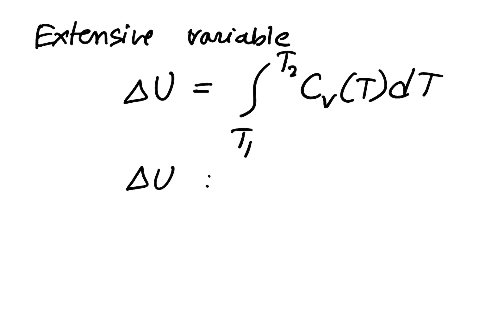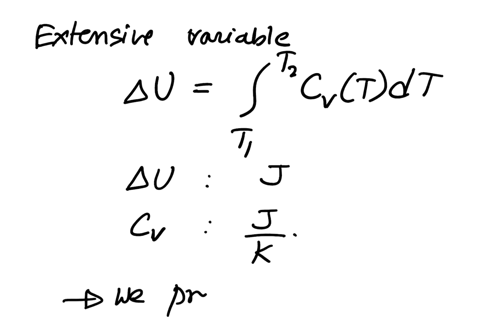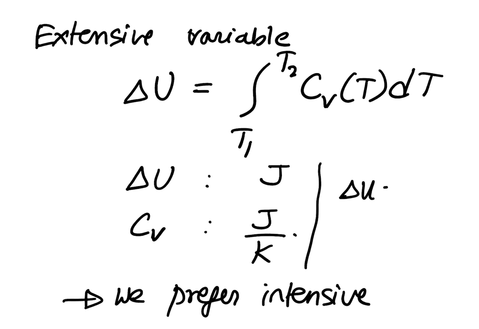If delta U has units of joule, Cv would have units of joule per Kelvin. It really depends on what is your problem at hand. Usually we prefer intensive variables because it's easy to go back and forth. The intensive version is the extensive version divided by the mass of the system.